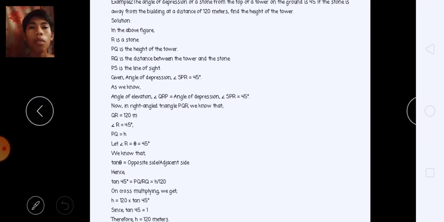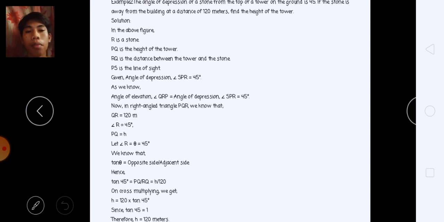As we know, the angle of elevation, angle QRP, is equal to the angle of depression, angle SPR, which is 45 degrees. Now in right triangle PQR, we know that QR is equal to 120 meters and angle R is 45 degrees.